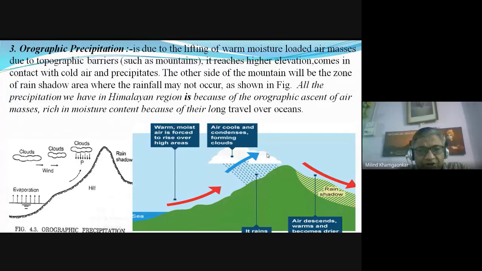This is called orographic precipitation. In the Himalayan region, northern region, as well as in the Sahyadri ranges alongside the Konkan and Kerala and some part of Karnataka, the rainfall that occurs is due to this orographic precipitation.